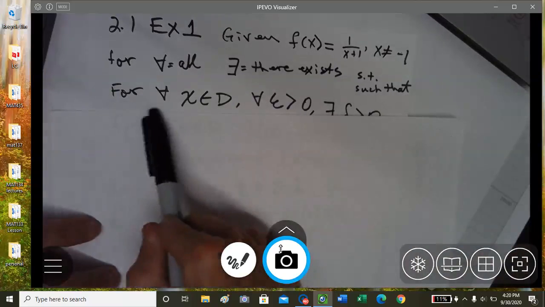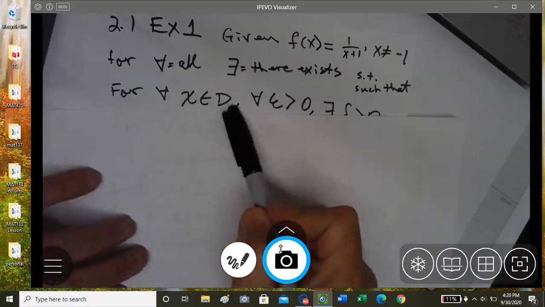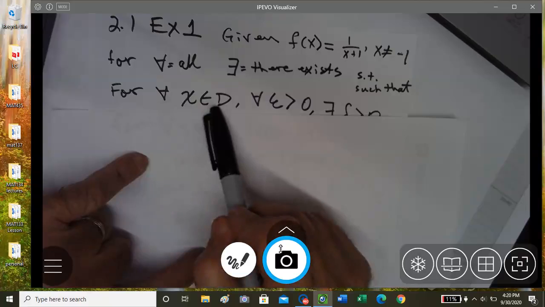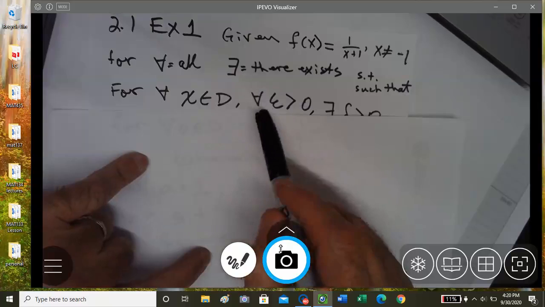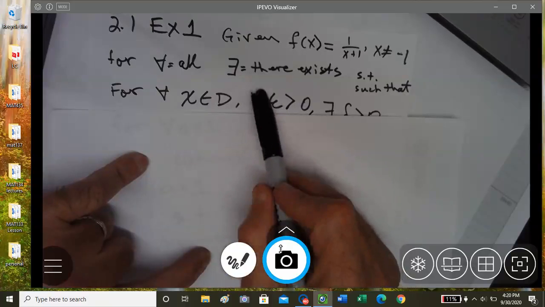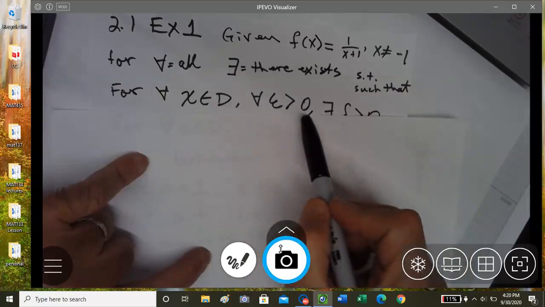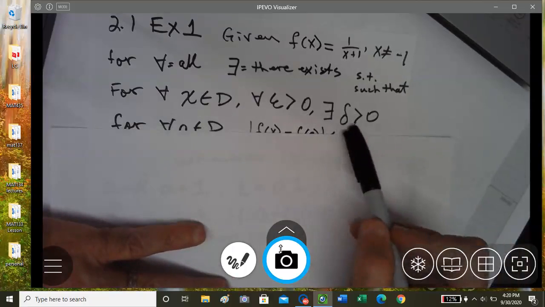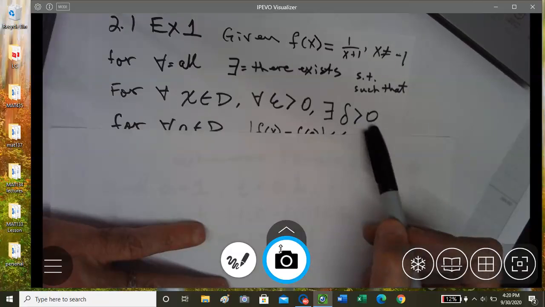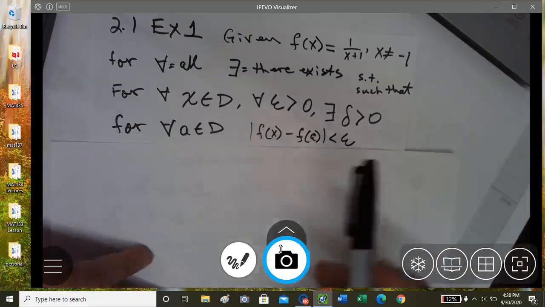So for all x which is an element in our domain D, or belongs to D, and for all epsilon that's positive or greater than 0, there exists a delta that is greater than 0, or a delta that's positive as well.